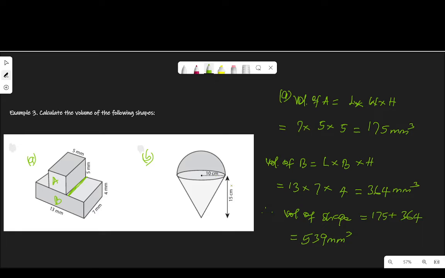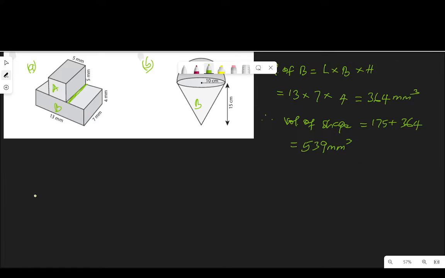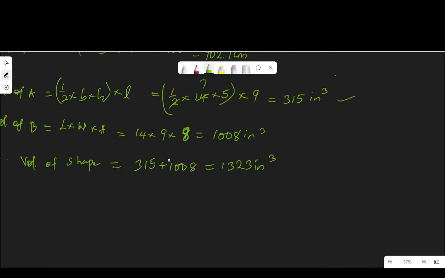Now for question B, I have a hemisphere on top right here, and I have a cone below. So let's call this hemisphere A and the cone B. That is question B right there. Volume of A: since A is a hemisphere, we stated earlier the volume of a hemisphere.